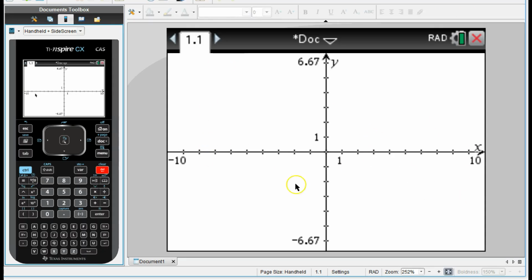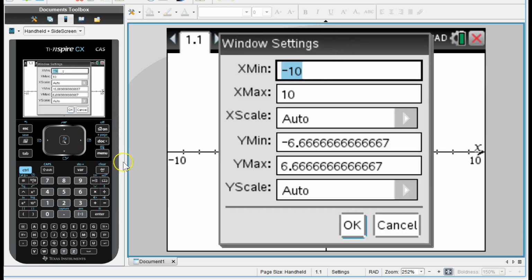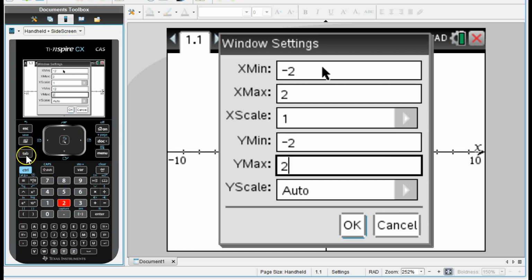First thing I'm going to do is adjust these axes so they match the ones that we had in the notes page, just to zoom in on the important features we're going to be looking for in this graph. So that's going to go from an x value of -2 to +2, and we're going to go with the same on the y, -2 to +2.